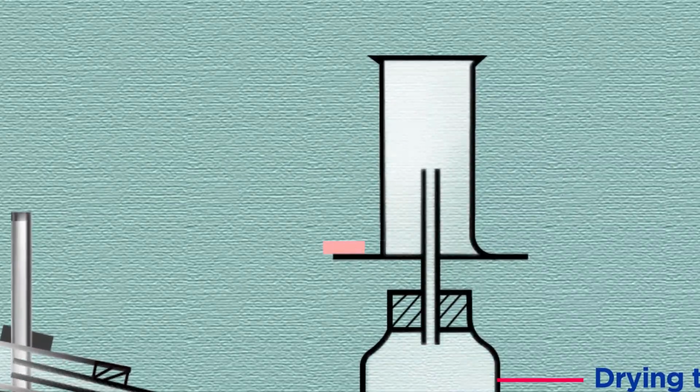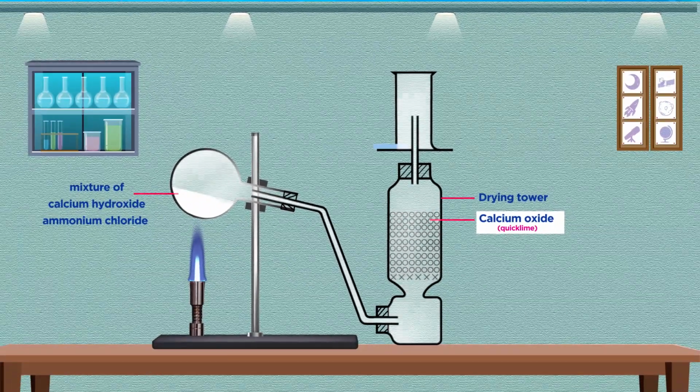Let's put a moist red litmus paper at the mouth of the gas jar. What do you see? This red litmus paper turns blue if the gas jar is full. This indicates that the gas jar is full of ammonia.